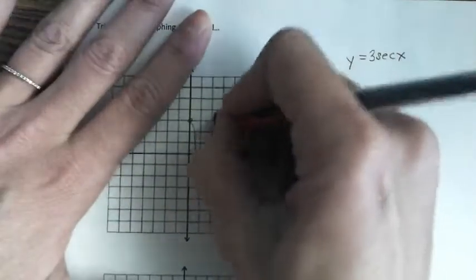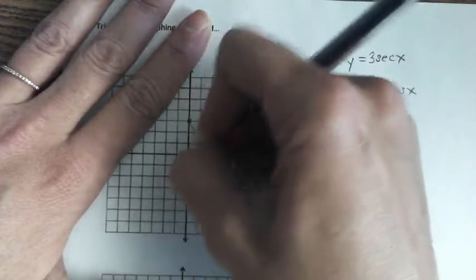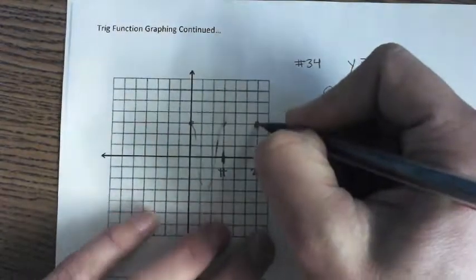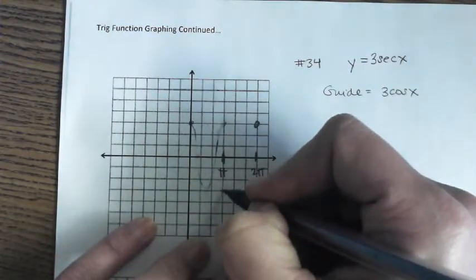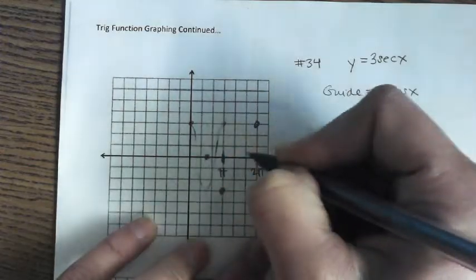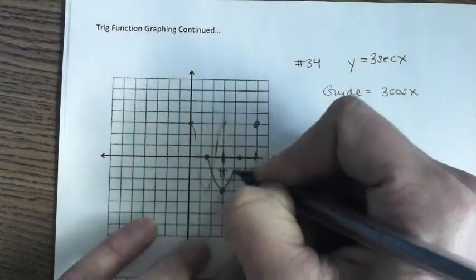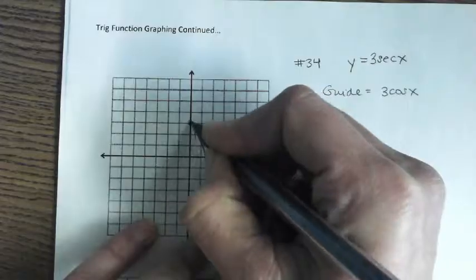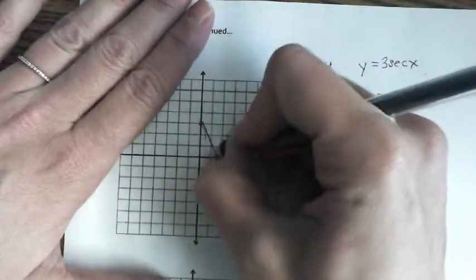Oh, yeah. Sorry. I was like, wait a minute, that's not going to work out right. 2 pi, 3, negative 3. We'll just do one period worth to start.